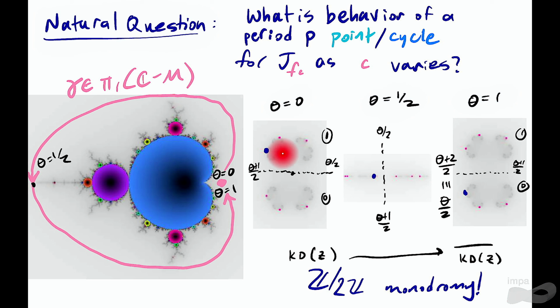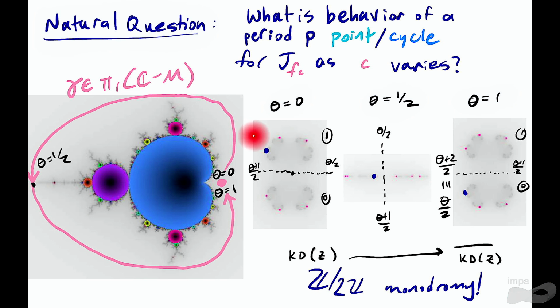The first consideration that people noticed early on was that if we go on a loop outside of the Mandelbrot set, then if you follow this particular periodic point, as I do a loop starting from theta equals 0, and I go all the way around, so here's at theta 1/2, this point is now moved to this point, and then if I go from this to here, this point doesn't go back to itself, it goes back here.